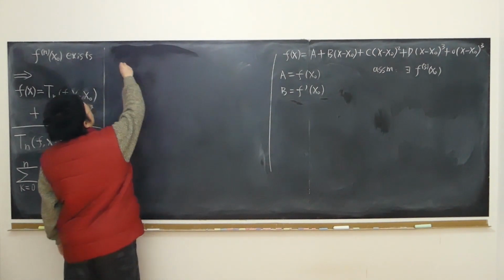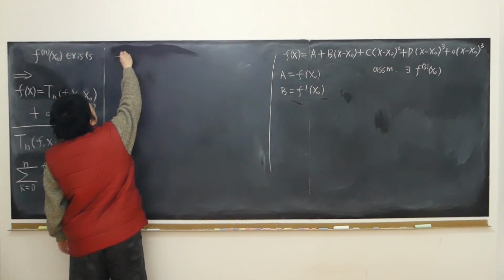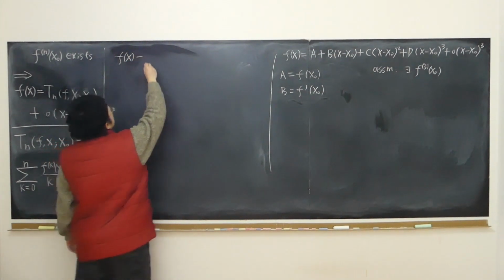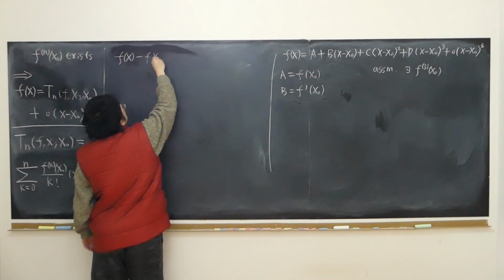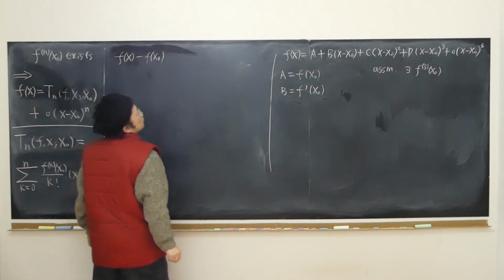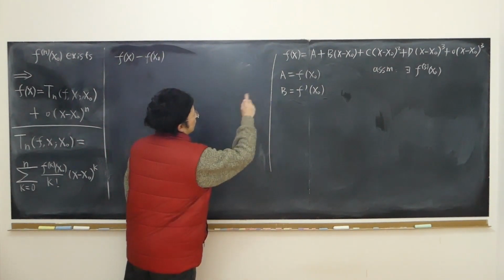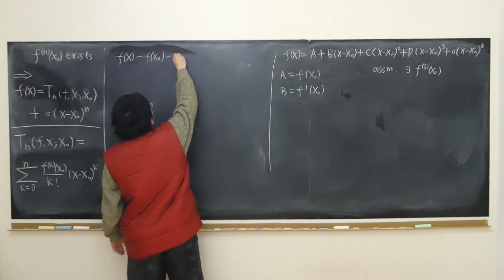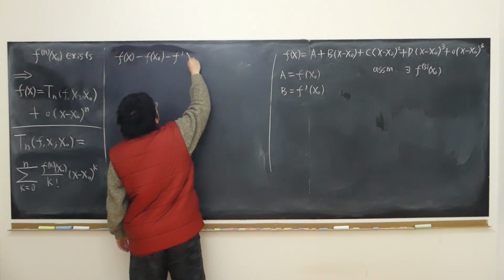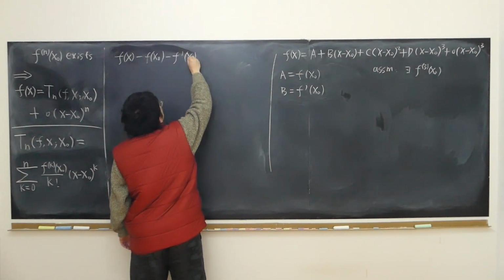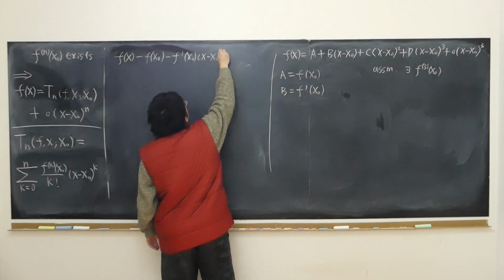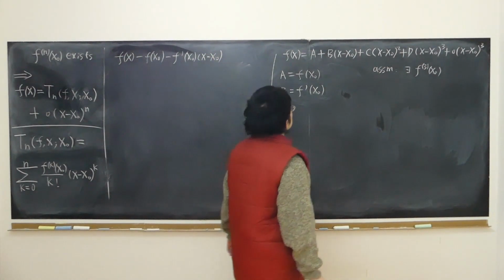So f of x minus a, where a is known to be f of x naught, minus b times x minus x naught, where b is known to be f dash of x naught, times x minus x naught.